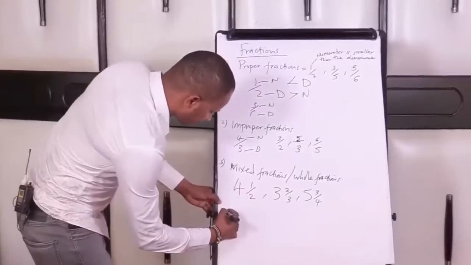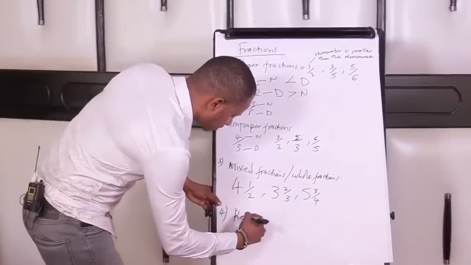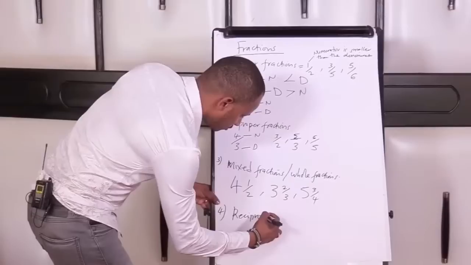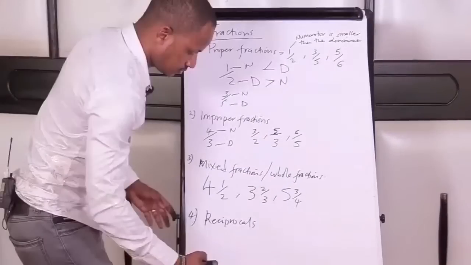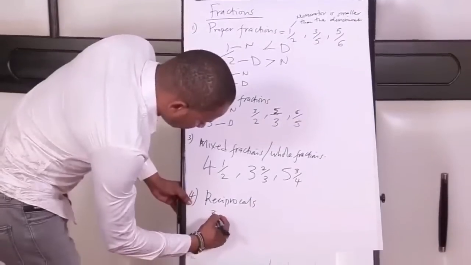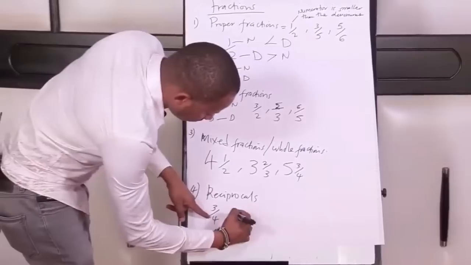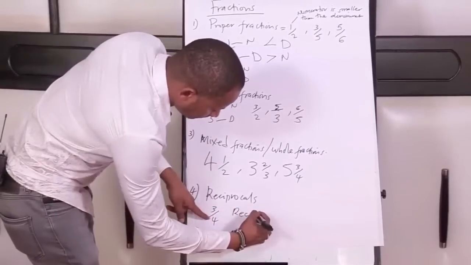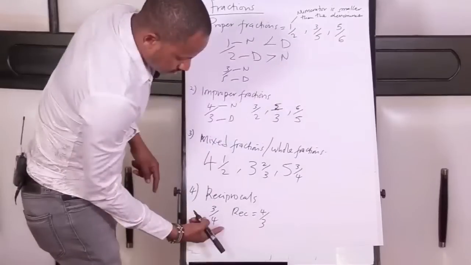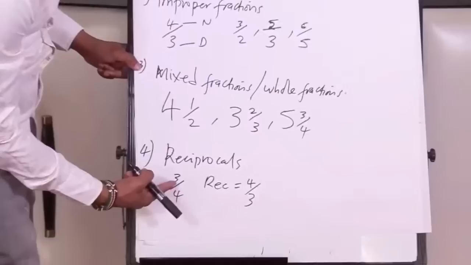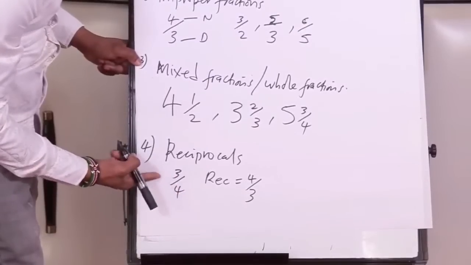Then the last type of fractions is reciprocals. So if you have a fraction like 3 over 4, the reciprocal of 3 over 4 is 4 over 3. The numerator becomes the denominator and the denominator becomes the numerator.